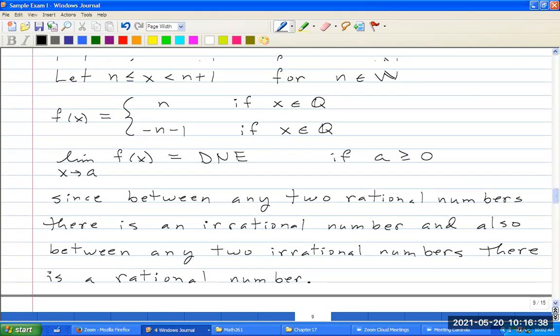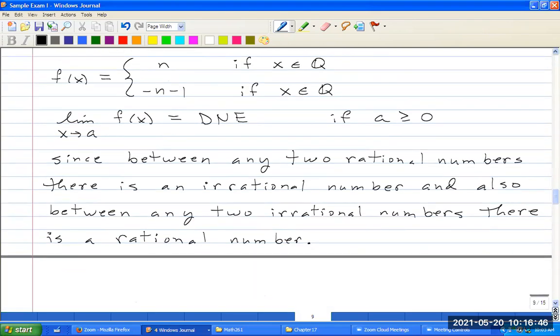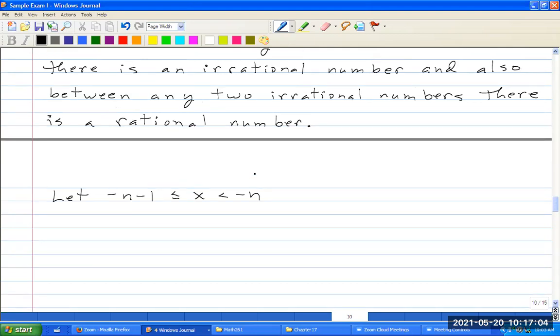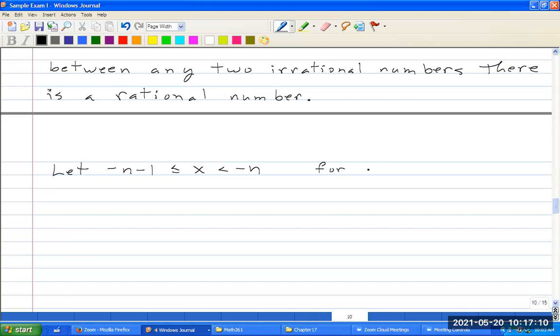Now, we have the same thing if n were negative. So let x be between negative n minus 1 and negative n, for n being some whole number.